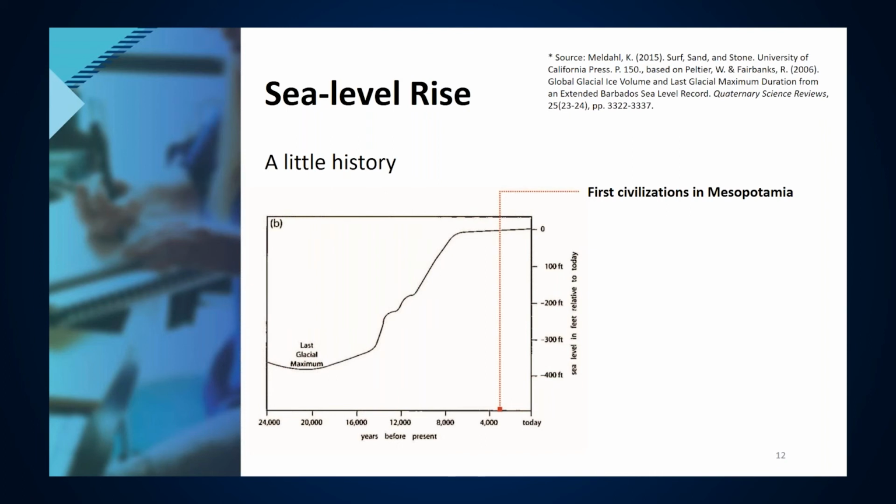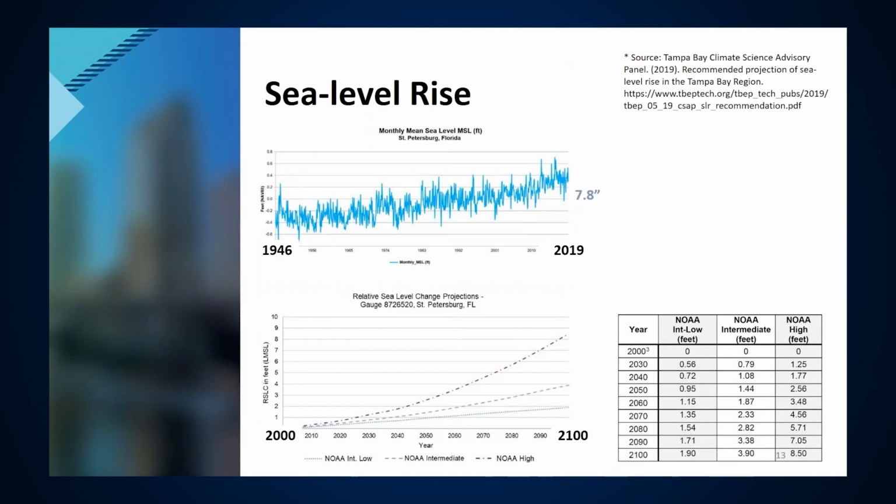In the last, let's say, 3,000 years, it's really not had that much change. As we've built cities and colonized places, especially near the water's edge, we're used to that static environment that's more stable. But over time, there has been this rise and fall that we've had to deal with.